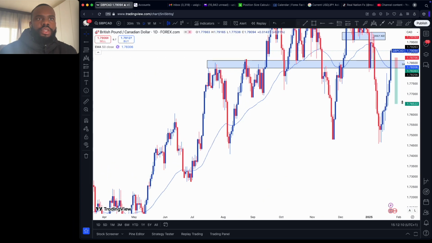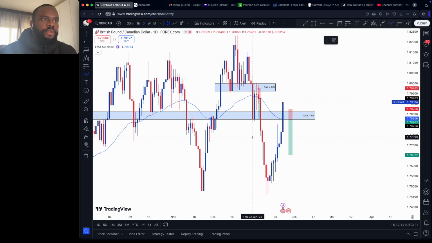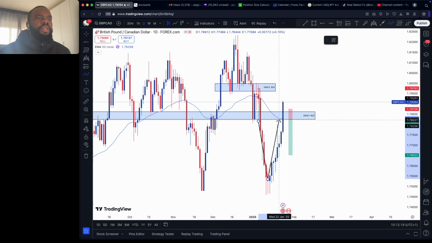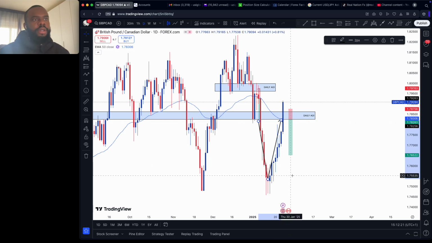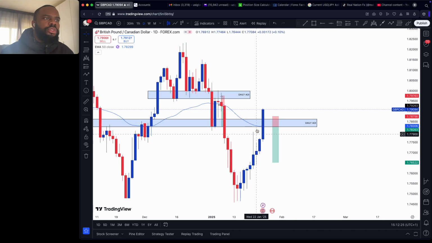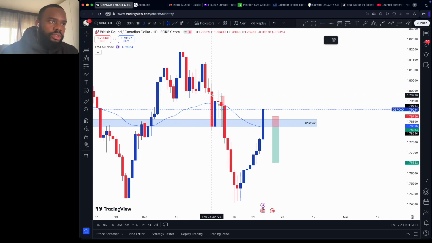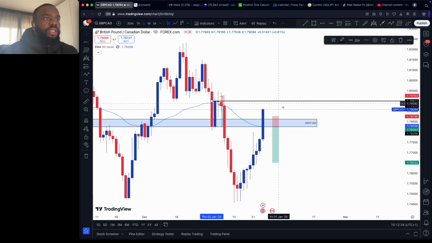So now this week, last week we had this breakout, then I waited for the retest to continue the sell market. But as you can see, the price went so deep into the zone. So my bias is still to sell the market, not until we body close above this level.